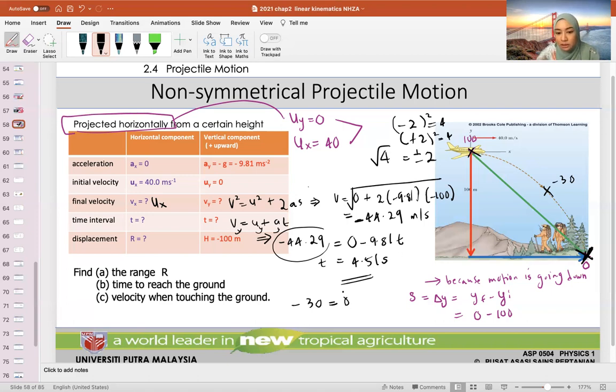U tak berubah kan? U is always the initial. Minus 9.81, and I got something T. The time that I get refers to the time taken to reach this point. Okay, I hope everyone understands this point. When I use the velocity at this point, I get the time at this point. When I use the velocity at the end, I get the time at the end. Okay?